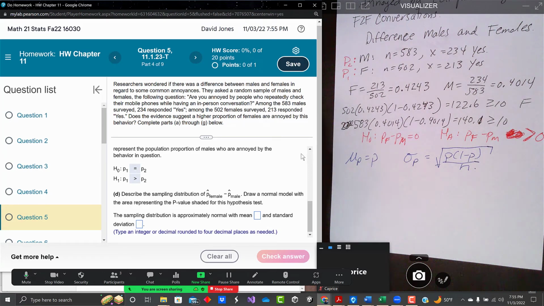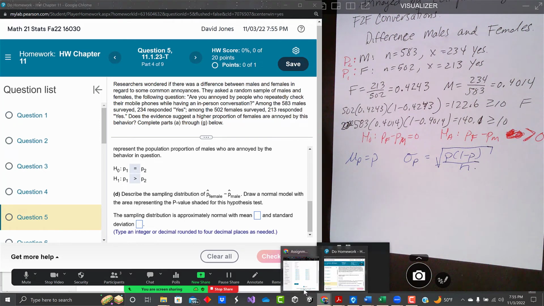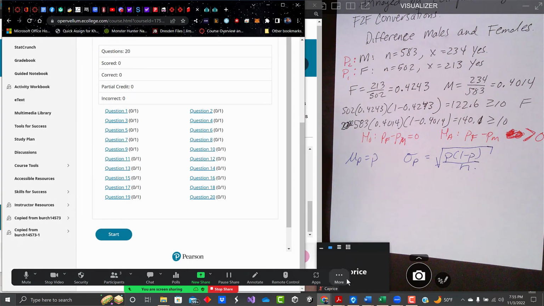Is there a way to do this that's easy in StatCrunch? Let's check.